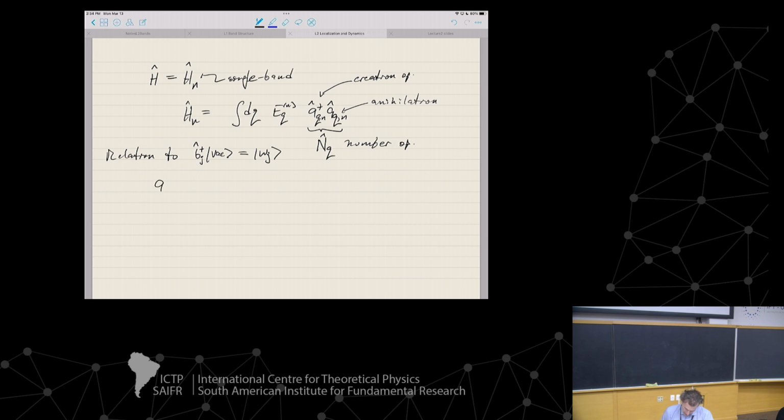So as I said before, you can write out a creation operator for one of these in terms of a phase sum of the others. And I can go the other way.